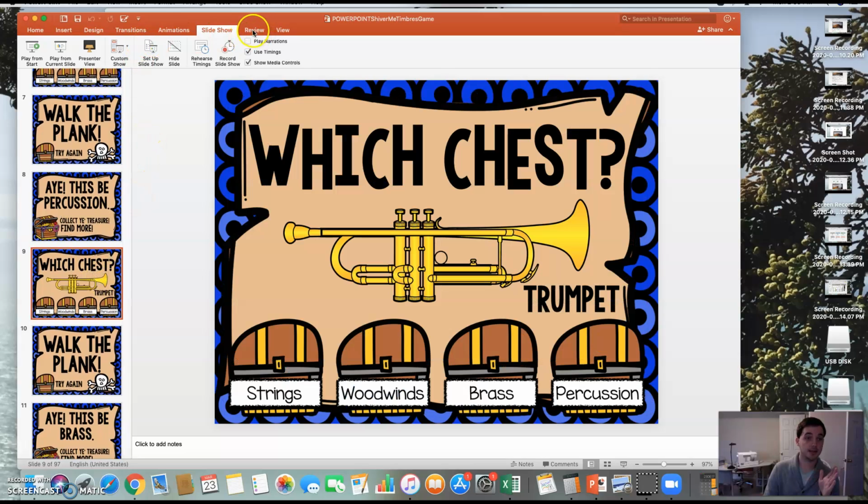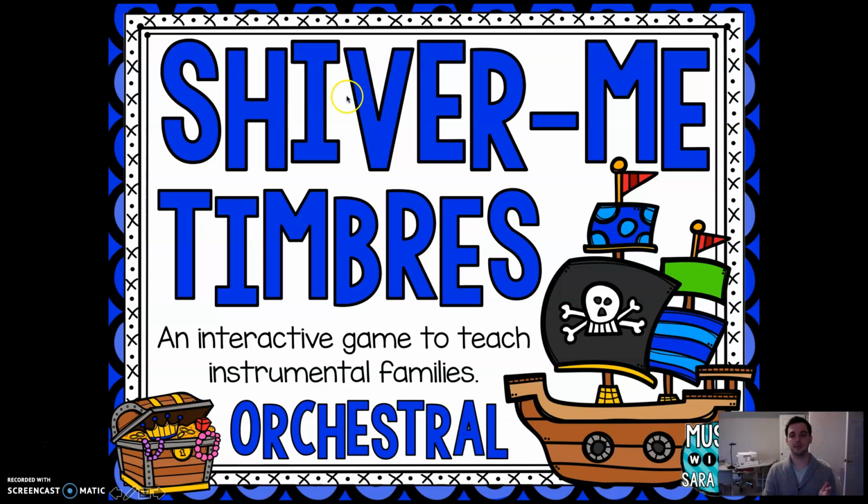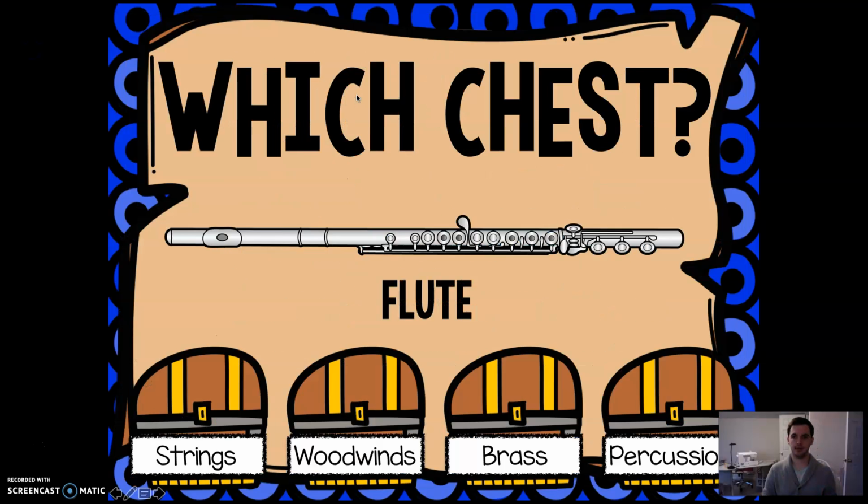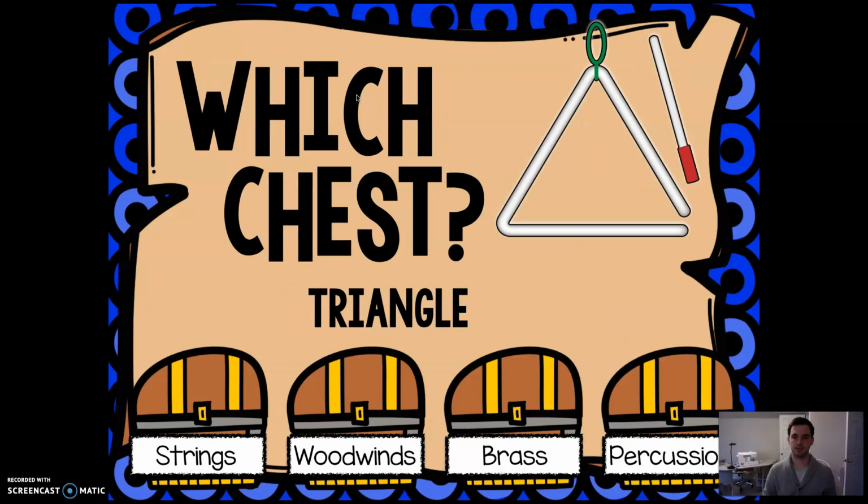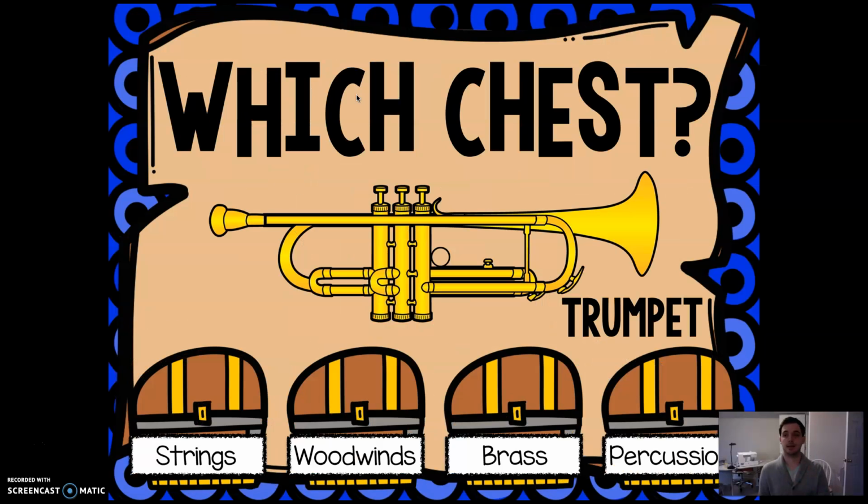Now, it's been a while since we've gotten to do this together, so let's review with each other on exactly how this game is played. So, we have an instrument right in the middle of here. This instrument, we need to identify which family it goes to for the treasure chest.